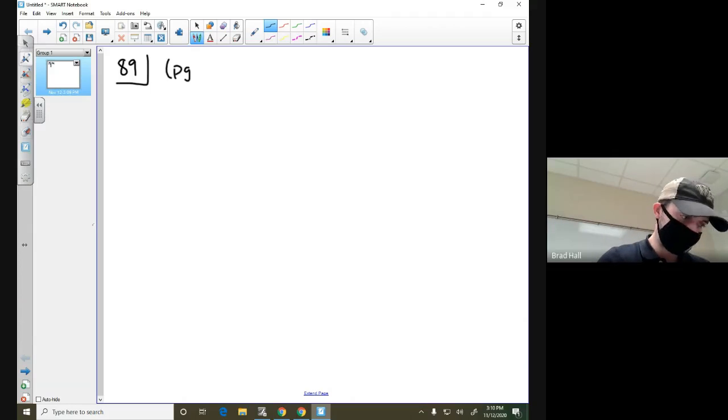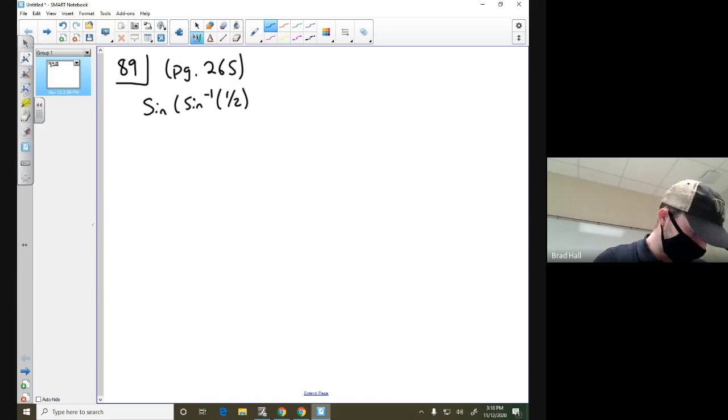And this is on page 265 in the book. Remember, this is section 6.1 in the book. And what this says is sine of sine inverse of 1/2 plus tan inverse of -3.